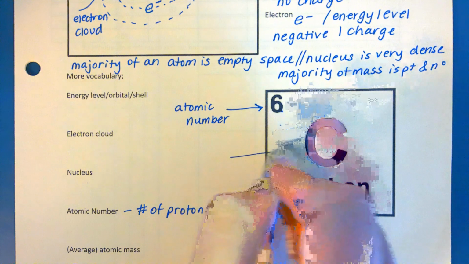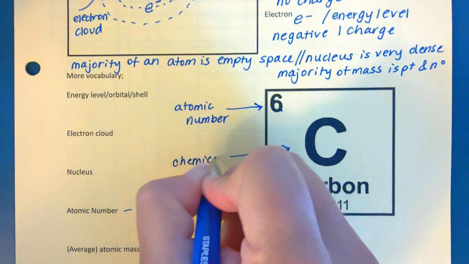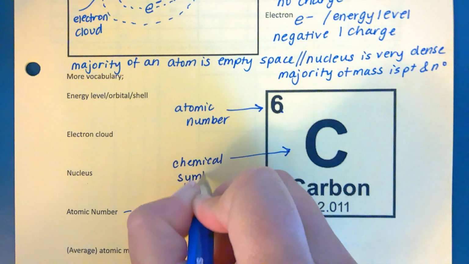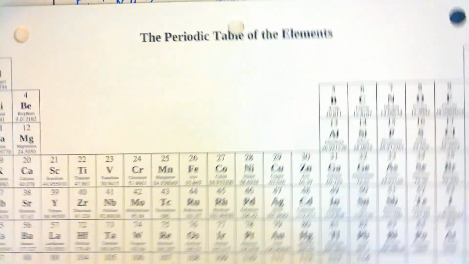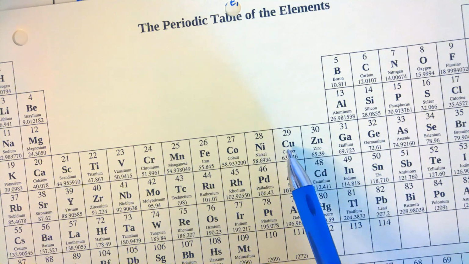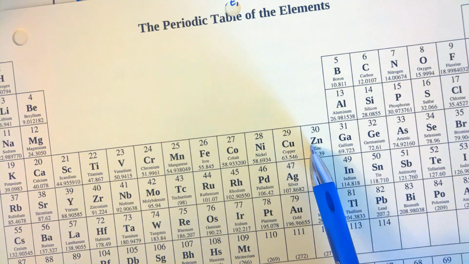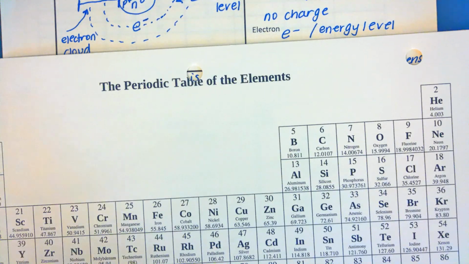We have the letter C here. This is the chemical symbol for carbon. This one is an easy one. C for carbon kind of makes sense. It is just one letter, so it is capitalized. If we scan the periodic table, we'll notice that there are other symbols that have 2 letters. The first one is always capitalized, the second one is always lowercase, and for the most part they make sense.